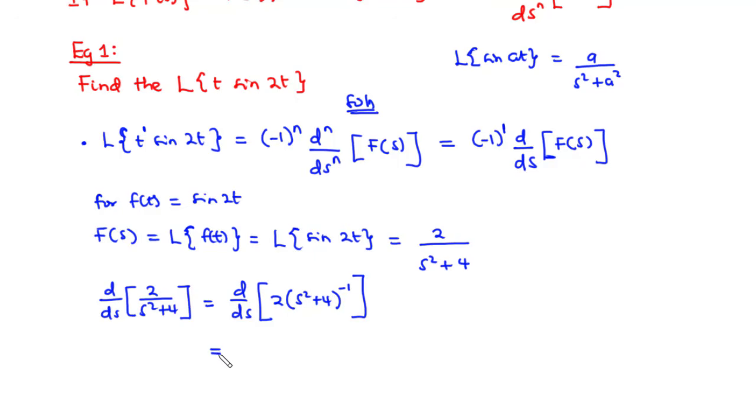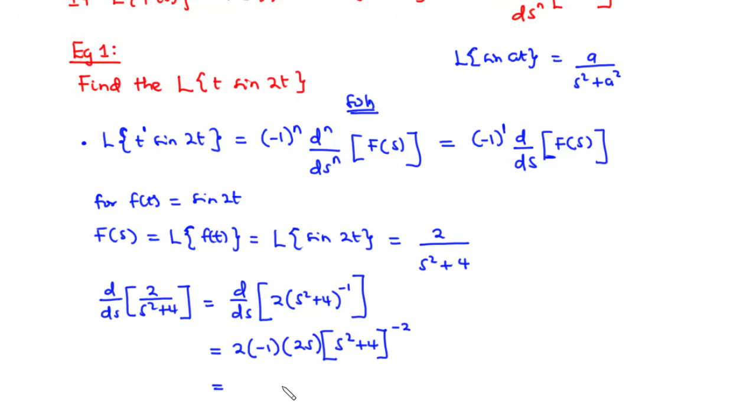Now using the shortcut form of the chain rule, the 2 remains the same, and then we drop down the exponent, so -1, and then we differentiate what we have in the brackets. With respect to s, that becomes 2s, this is a constant, so it goes to 0, and then we repeat what we have in the bracket, s squared plus 4, and we reduce the exponent by 1, so that becomes -2.